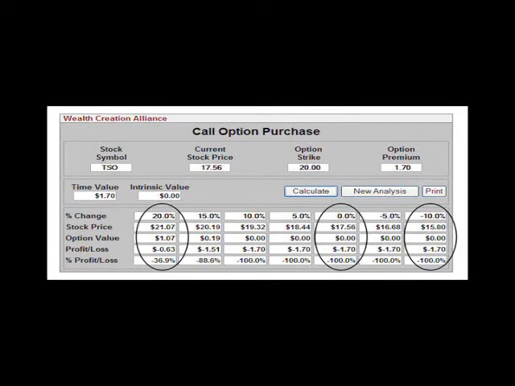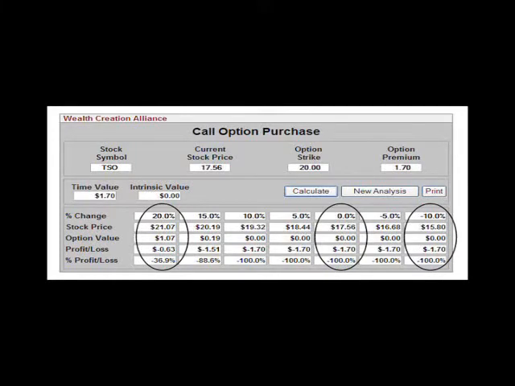The analysis reveals that if Tesoro stock increases 20% to 21.07 at option expiration, a 36% option loss would be incurred. Now I circled this in the first column of the analysis for you to see. And if Tesoro stock price remains flat at 17.56, a 100% loss would be realized for the option. Again, this is circled.